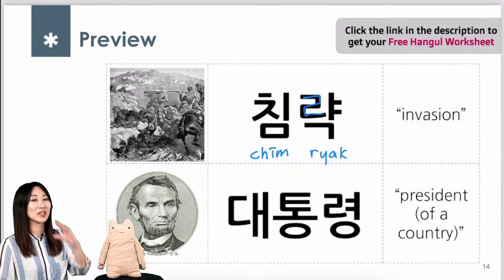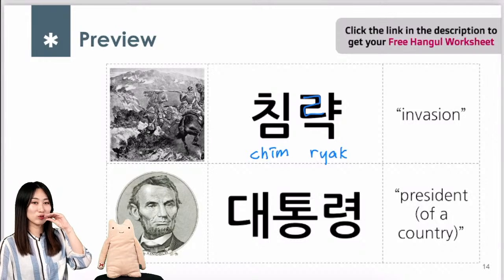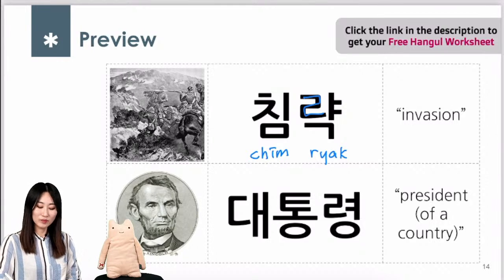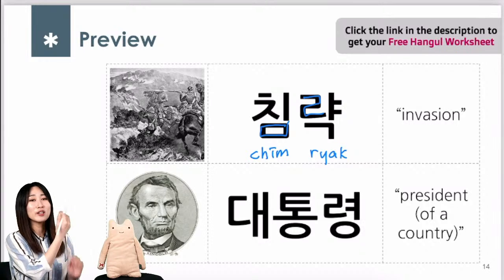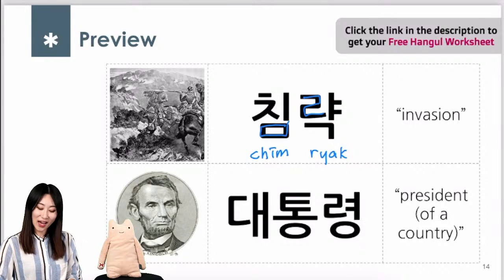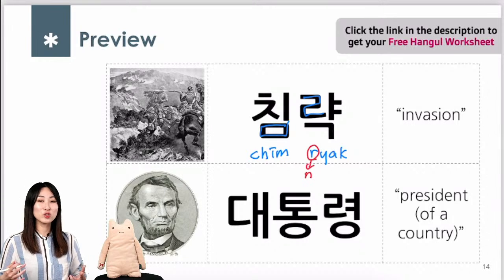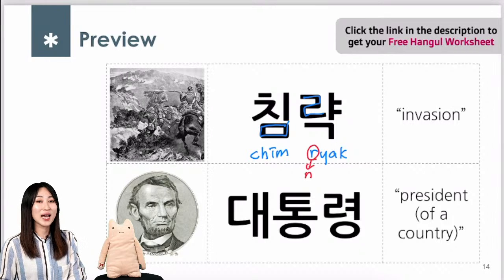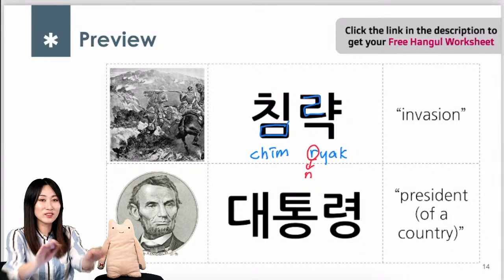But now you know that I already closed my mouth to pronounce an air blocking sound or nasal sound. So the next sound requires too much effort to roll my tongue. So what happens is I choose the easier pronunciation instead, which is N. So theoretically it should be 침략, but we just pronounce it like 침냑, invasion.